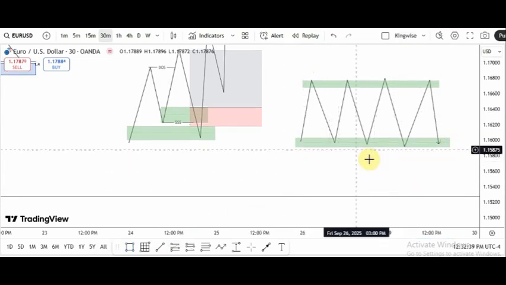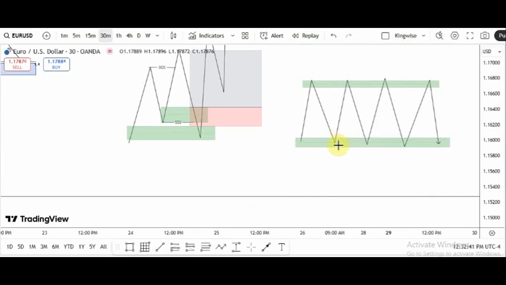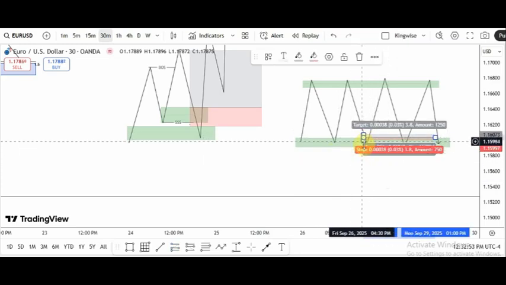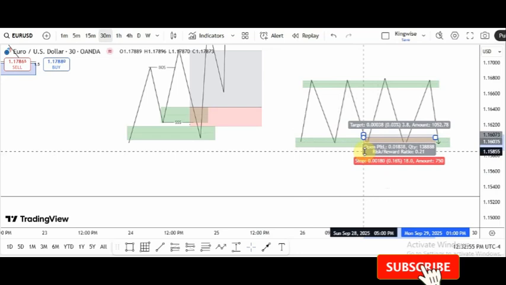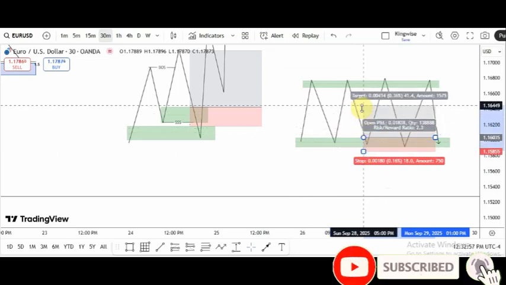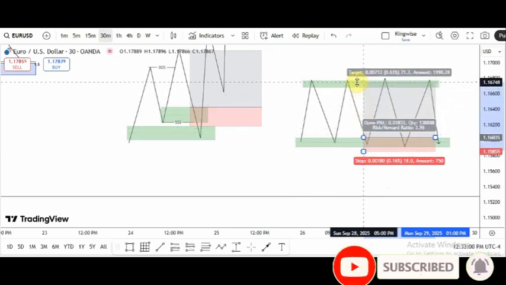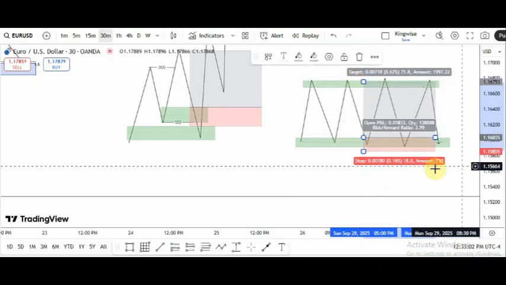They would want to start buying from this support zone, from the knowledge of support and resistance. After the first, second, and third touch, buy from the third touch, and have their take profit here.